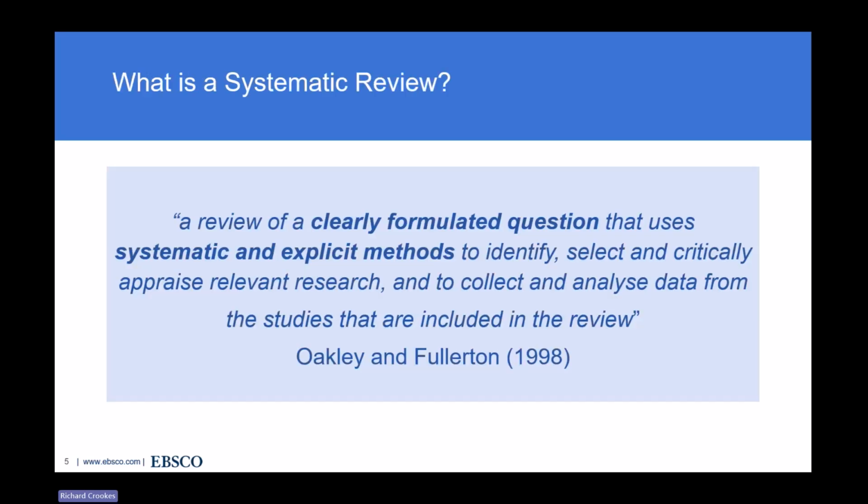So the first thing then is, what is a systematic review? So again, a definition: a review of a clearly formulated question that uses systematic and explicit methods to identify, select, and critically appraise relevant research, and to collect and analyze data from the studies that are included in the review. So as you can see, I've highlighted some key terms because we are going to focus on a clearly formulated question, a search question, and we're going to approach this systematically with the intention of identifying what's out there, as it were.